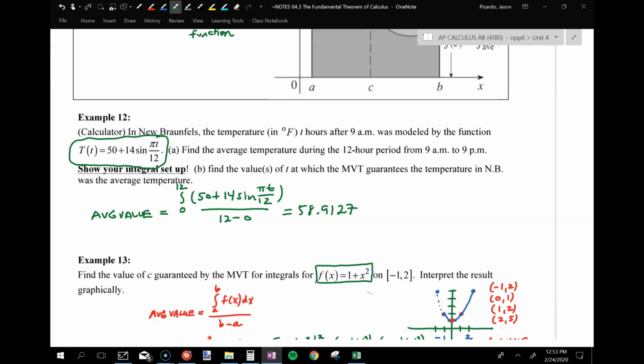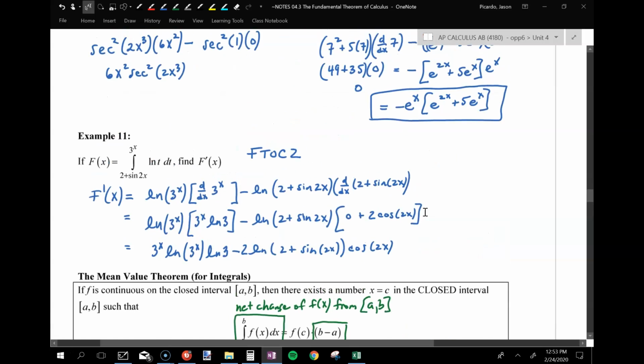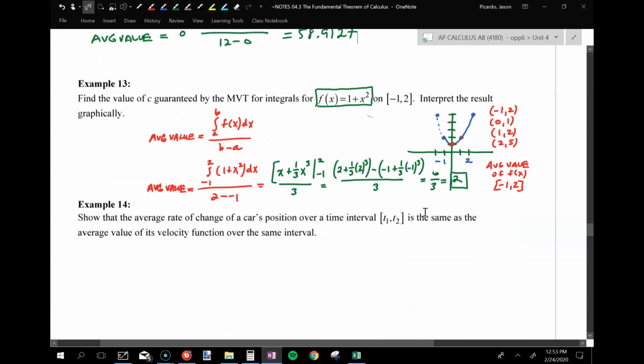What does that database do? It takes all of those temperatures, fits it to a sinusoidal regression model, and then does this and gives you the average temperature for the day. It doesn't take all those numbers and divide. It doesn't do that, right? This is exactly how it's found. Pretty cool, right?